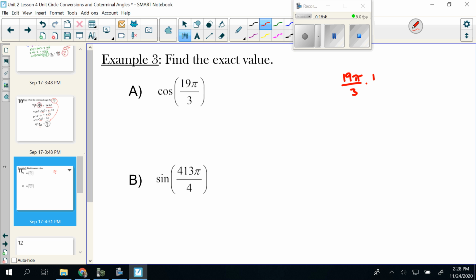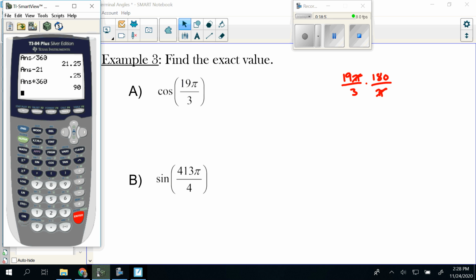So if we get this into degrees here, multiply by that, now we have 19 times 180 divided by 3. Looks like that gives us 1,140 degrees.